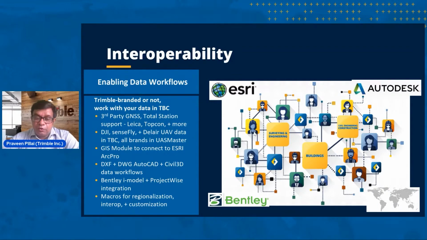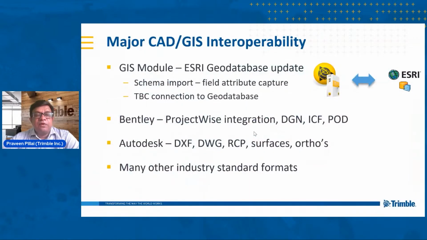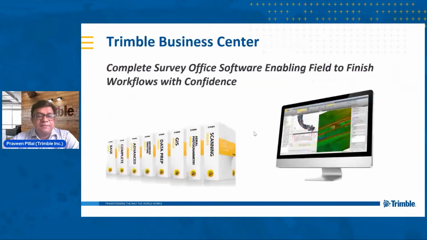You can do your own programming for TBC. You can create your own macros in the system. Okay, so what you can see here is that the ArcGIS geodatabase update is available. It can easily import the schema. Okay, and project-wise integration is there with Bentley. You can have DXF, DWG import and export with AutoCAD, and many other industry formats.